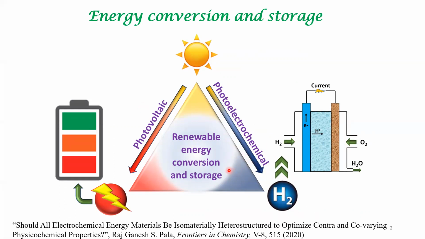There is another approach to generating hydrogen. You can capture solar energy using solar cells, use that electrical power so generated to run an electrolyzer, let's say, to split water into hydrogen and oxygen, and generate the chemical fuel.